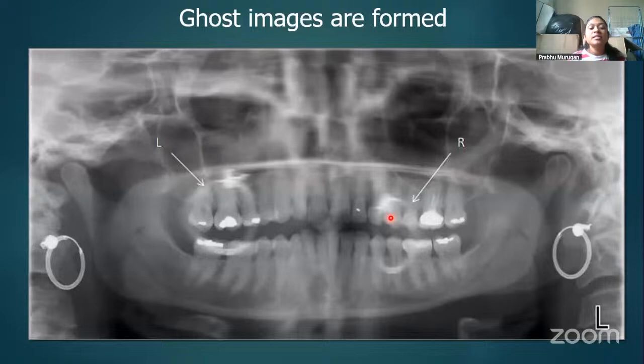Ghost images are formed by metals, like accessories or any kind of FPDs the patient is wearing, RPD dentures, and sometimes prosthetics like crowns and implants can also cast a ghost image on the radiograph.